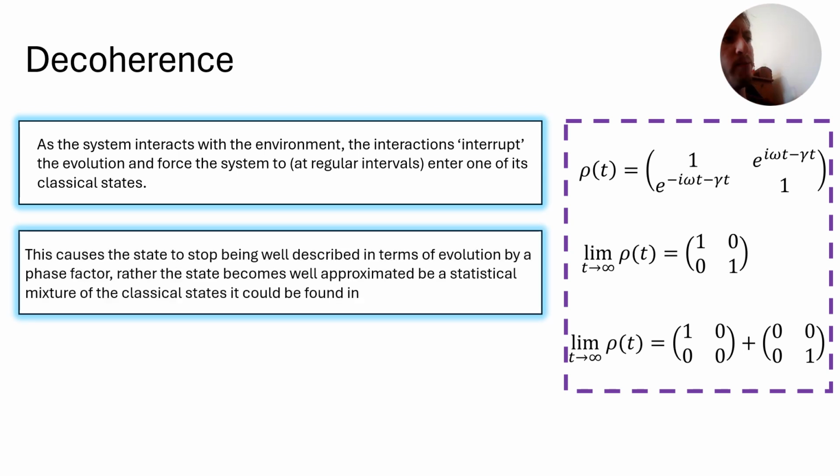And because this is happening so frequently, the general state we actually see of a macroscopic object is a statistical mixture of the classical states we can find it in. And what that results in is this phase factor forcing this state to evolve over the complex plane to be averaged out over all its possible values.